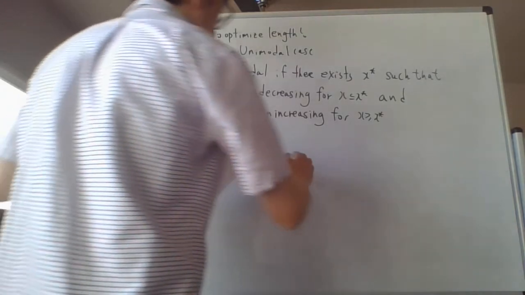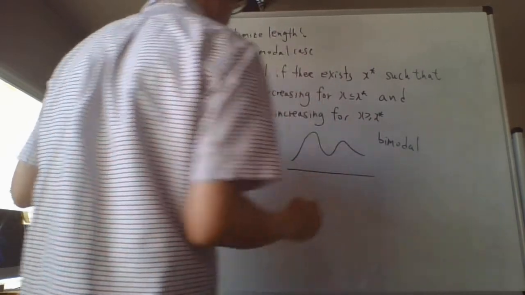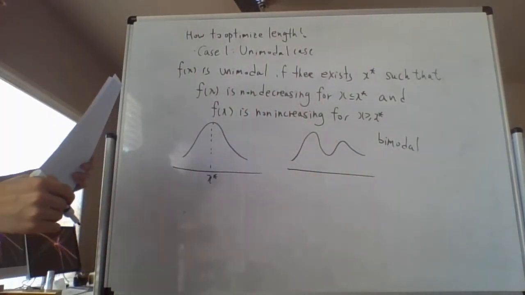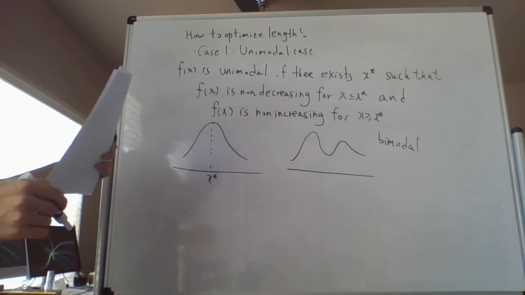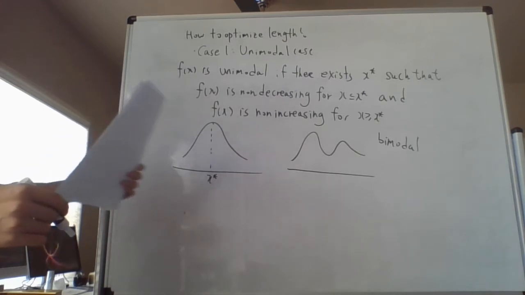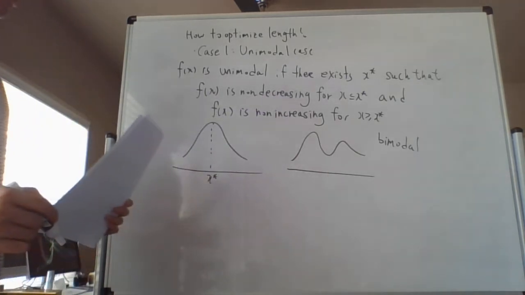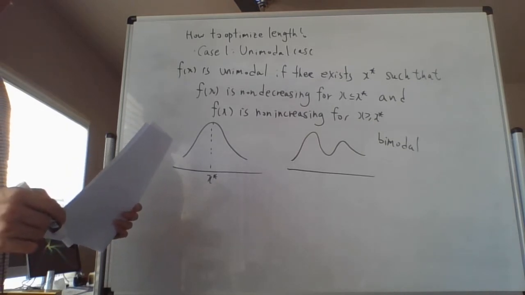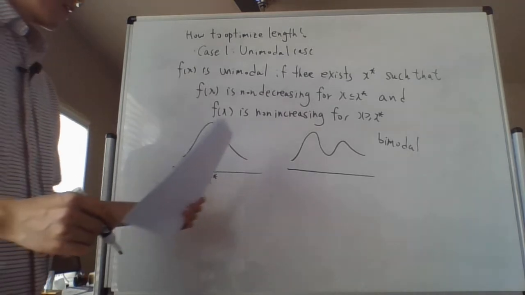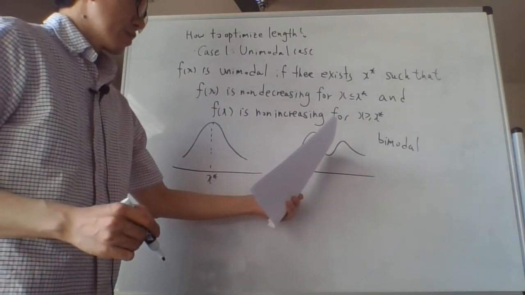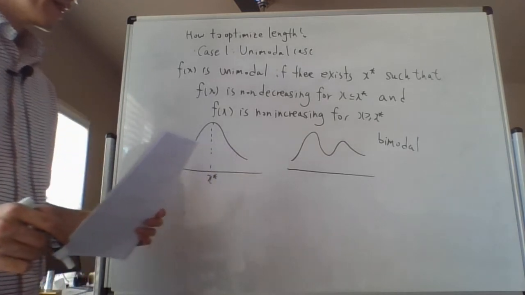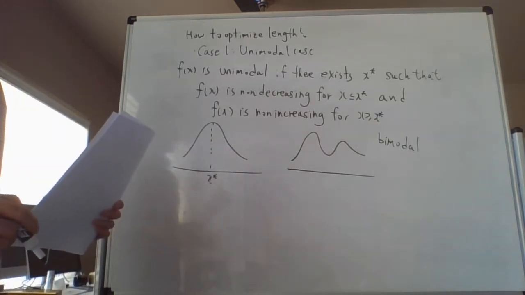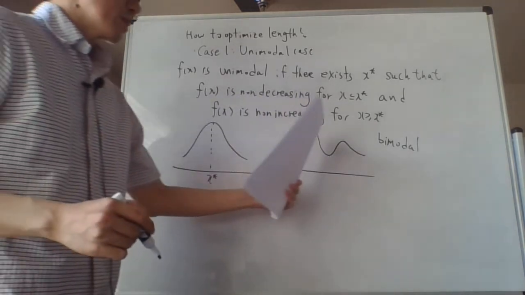And this is bimodal. You have two peaks. Before the first peak, it is increasing, and after the first peak, it decreases, and then after the middle point, it increases again, and after the second peak, it decreases.